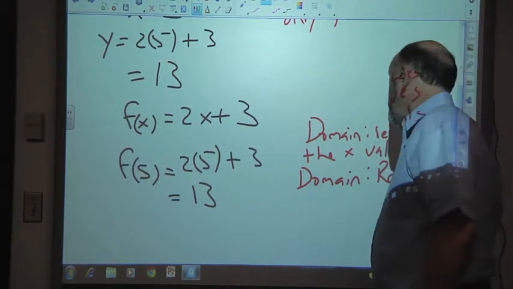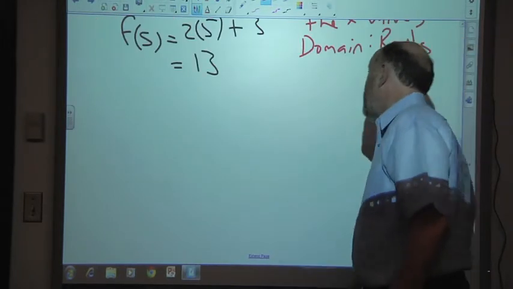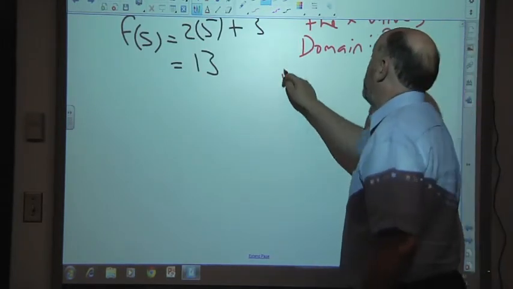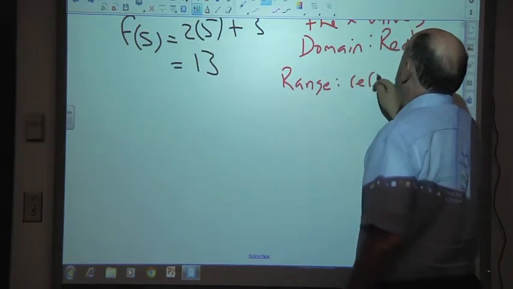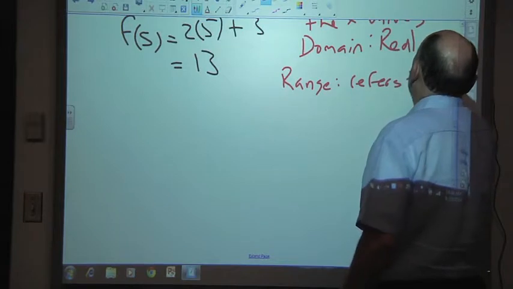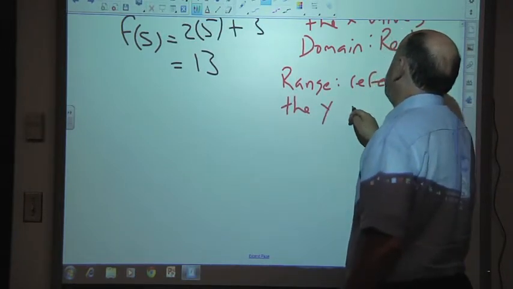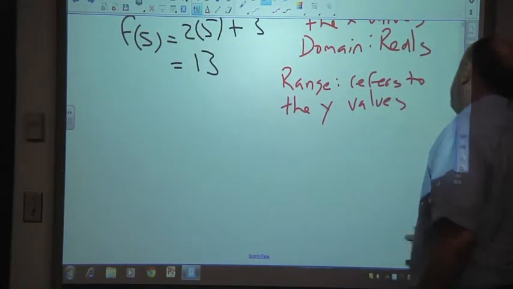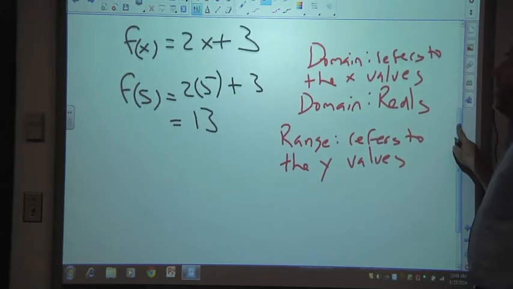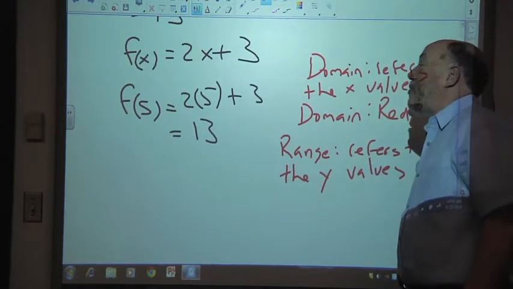Right? The range refers to the y numbers. So the range refers to the y values. So once you plug in all those numbers, what kind of answers do you get out? Well, if I plug in negative numbers, like negative 10, I will get a negative answer.